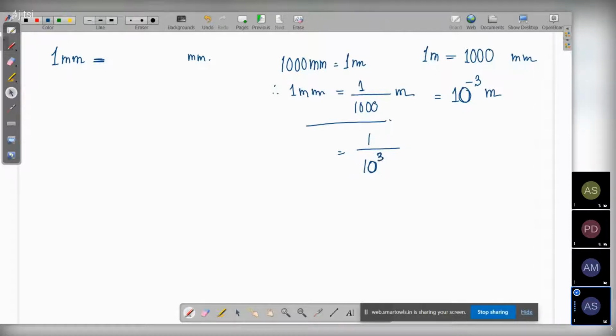If you put this in the numerator, it becomes 10 to the power of minus 3. So 1 millimeter is equal to 10 to the power of minus 3 meter.